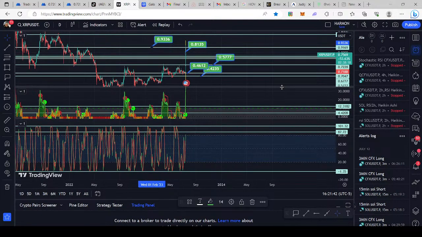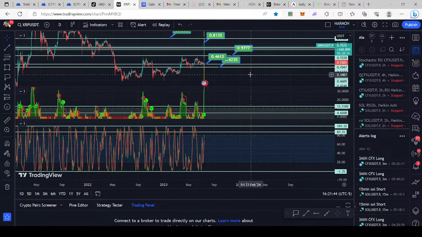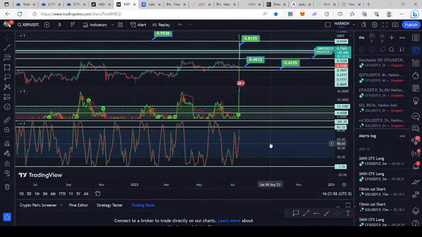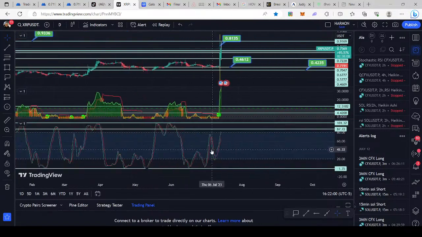To me, that's manipulated trading, because that's traders trading. Those are the bots. If it was retail investors, they wouldn't have sold there. That's how I can tell it's a manipulated pump and dump.